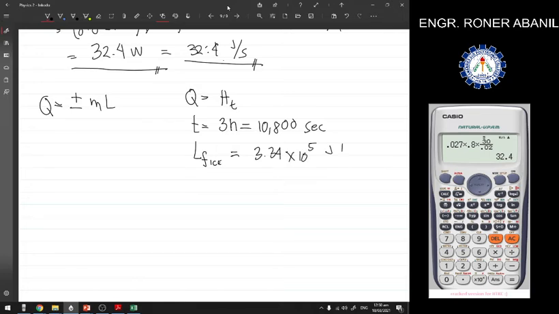This is joules per kilogram. So, galing dito sa formulang to, na magiging M equals Q over LF or L.